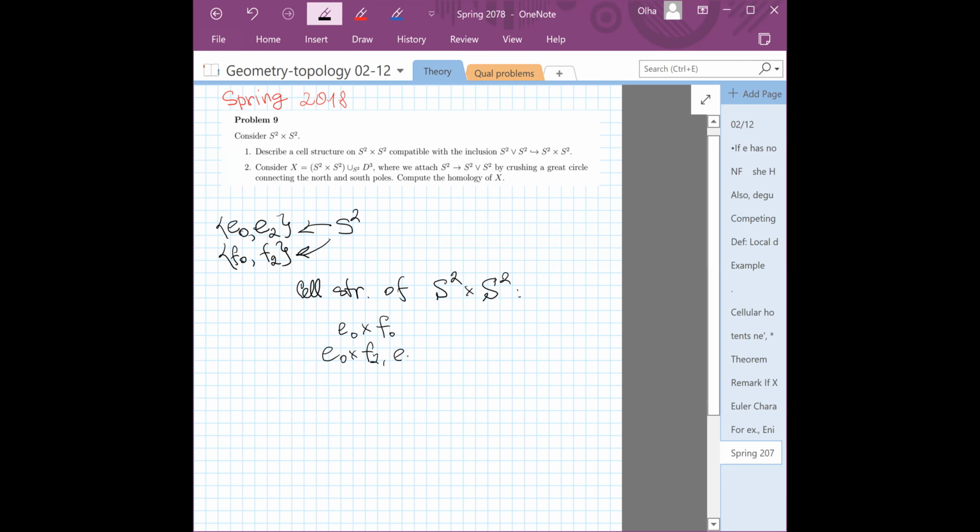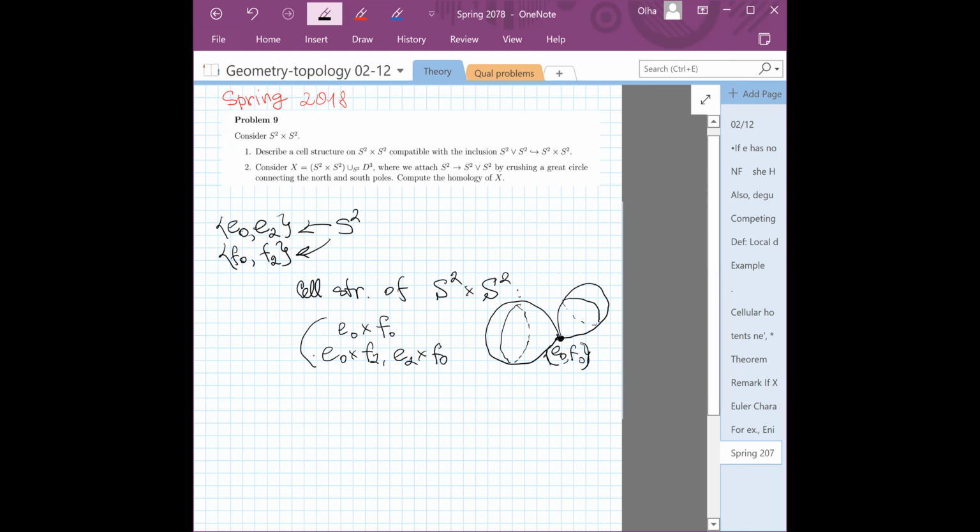E2, F0 and E0, F2. So basically what's happening, we have this point, E0, F0, and to that we're attaching a sphere, just in case. Okay, we can actually draw this, and another sphere.